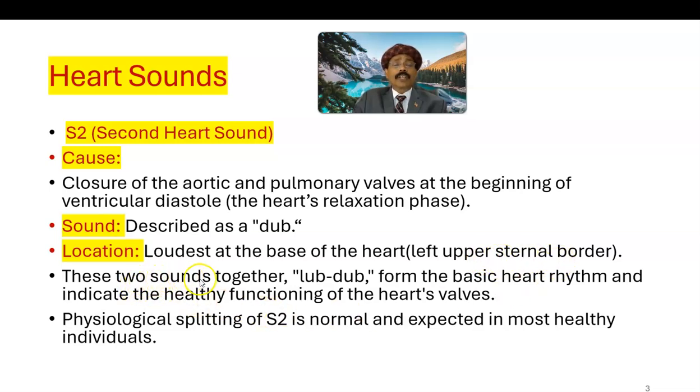These two sounds together, lub-dub, form the basic heart rhythm and indicate healthy functioning of the heart valves. Physiological splitting of the second heart sound is normal, expected in most healthy individuals.